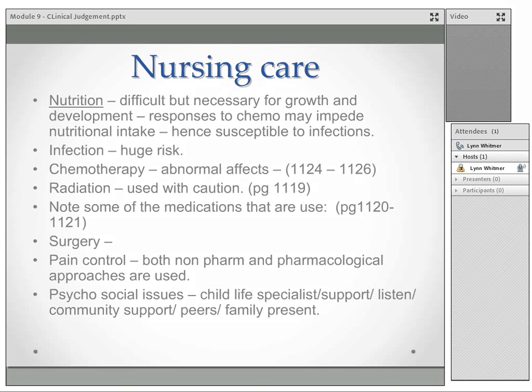Surgical intervention, when we start talking surgical intervention, do not forget we're talking preoperative, intraoperative, and postoperative care. What is the nurse's role? What type of interventions do you provide? We're always looking, we go through Maslow's hierarchy of needs.